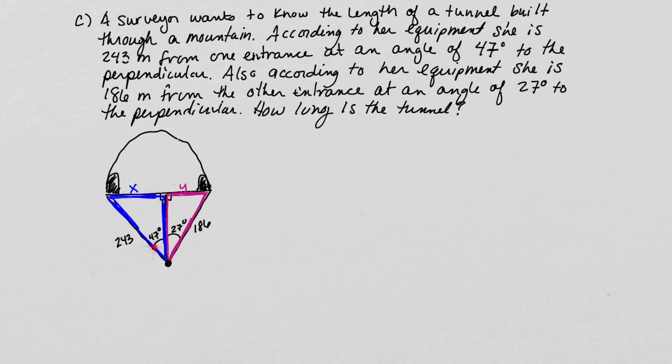So it's the opposite side over the hypotenuse, and that's going to be the sine. So for the blue one, the sine of 47 degrees is going to be the opposite X over the hypotenuse, 243. So if I multiply the 243 up, we have 243 times the sine of 47 degrees.